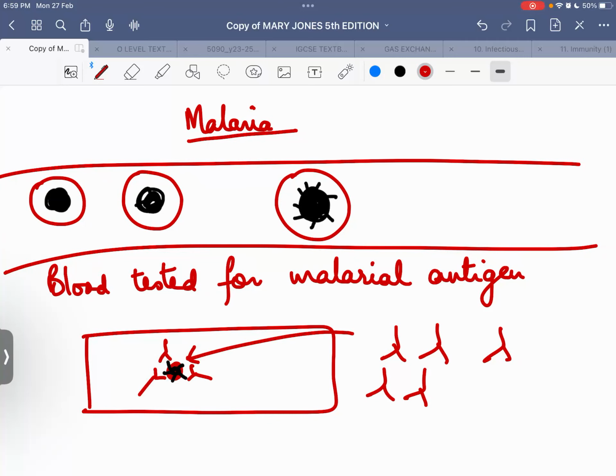Always remember, whenever an antigen and antibody are complementary to each other, they form an antigen antibody complex, और कुछ reaction होने की वजह से agglutination या clumping होती है antigen and antibody की, and that can be seen visibly. ठीक है, और हम detect कर लेते हैं कि yes, this particular person has malaria.